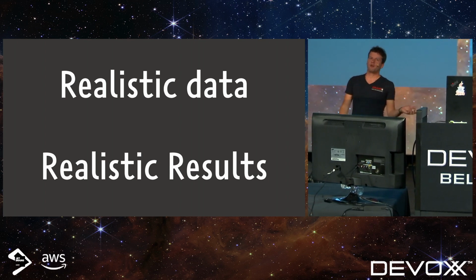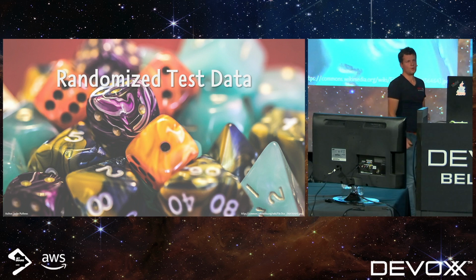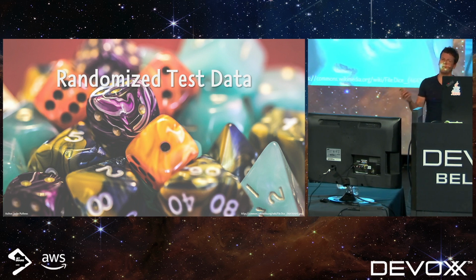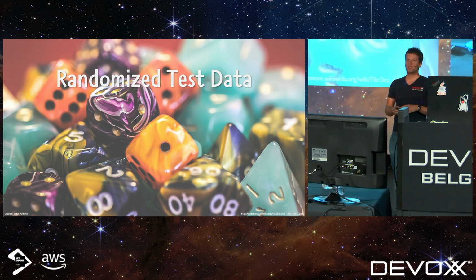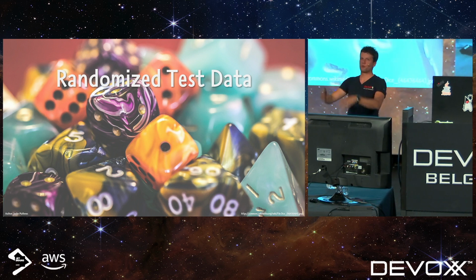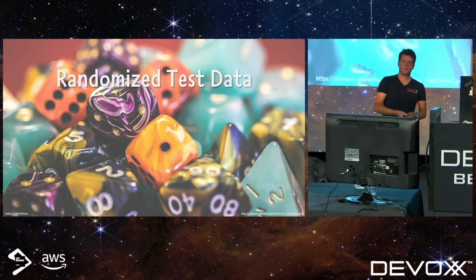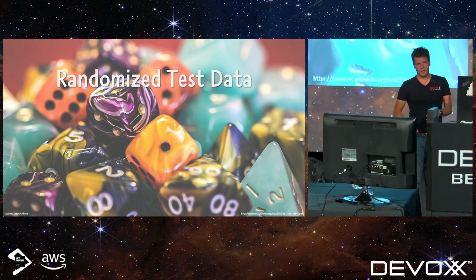But if we have representative data, is that all? No. You also want to randomize your data. Because in your system, you won't have the same data go through your system over and over again, right? It's different data all the time. So you want that in your tests as well, in a controlled fashion, of course.